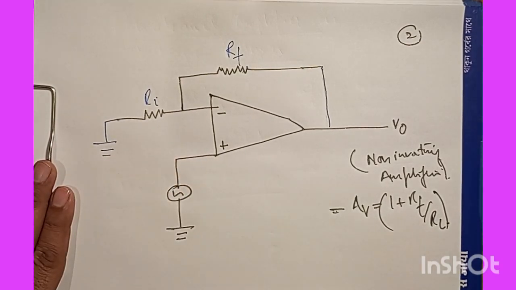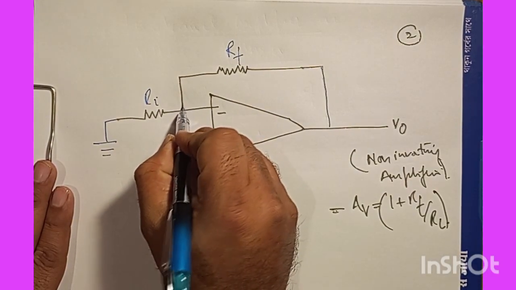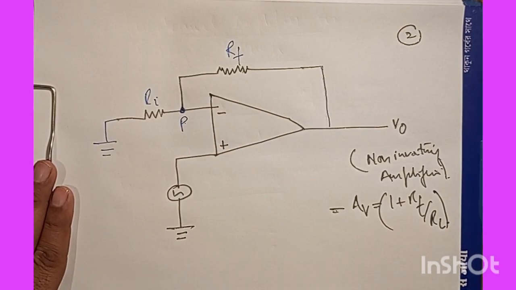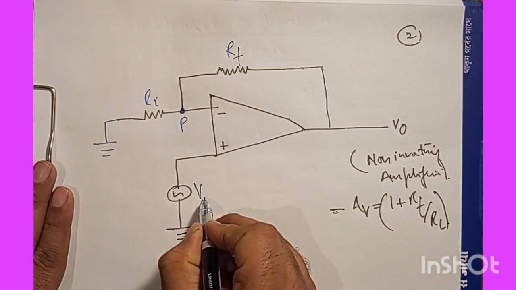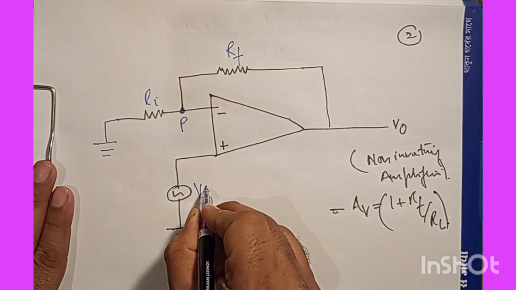Okay, so we can immediately think about a junction. Suppose we choose this as a junction, and here we have this signal voltage. Instead of S, I will call it VI.